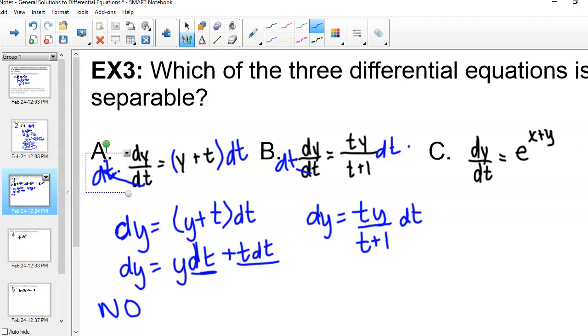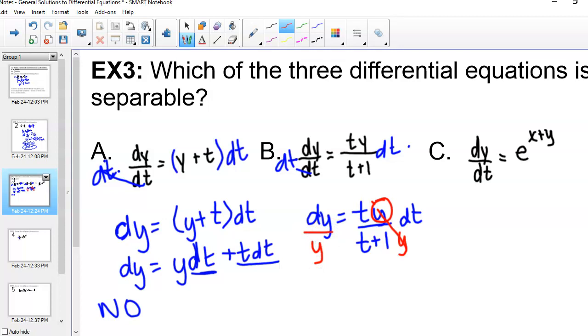And this time, you've got this y right here that you need to get rid of. You can get rid of this fairly easily by dividing both sides by y. So if you divide by y, it would go in the denominator here and cancel, and then there would also be a y over here.